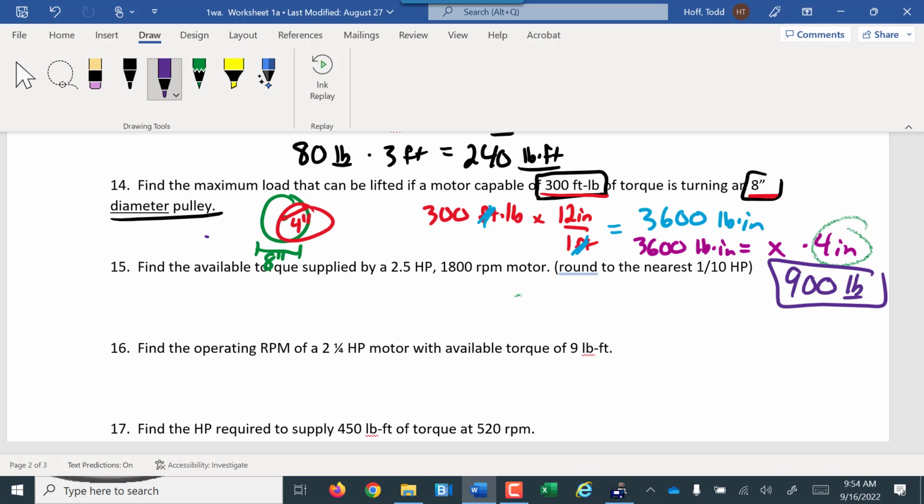15. Find the available torque supplied by a 2.5 horsepower motor at 1800 RPM, round to the nearest tenth. Our available torque is that magic number 5252 times the horsepower, so 2.5 horsepower, over the RPM.